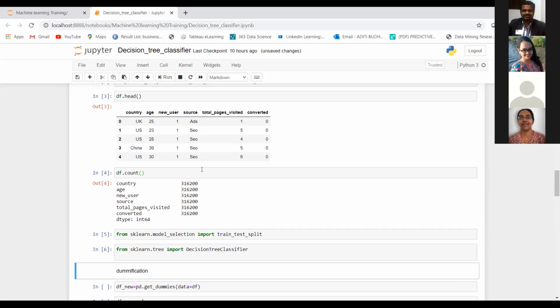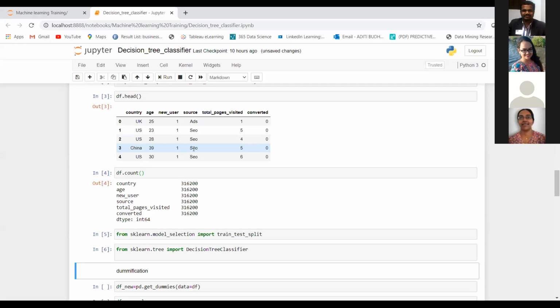Now here again we had seen that our source and country columns are categorical in nature. We have UK, US, China, all these countries, and these sources of advertisement. These are not numeric in nature. So in order to use these columns to create our model, we should first convert these categorical data into numeric data.